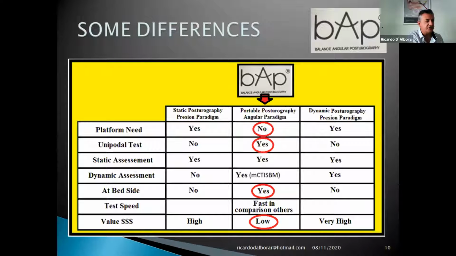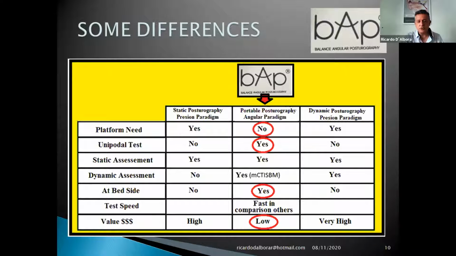Here are the main differences between BAP and other posturography devices based on pressure paradigms. Here you can see the difference. In the middle, you have the BAP, our BAP node platform. You can do unipodal test, static assessment, dynamic assessment, the classic dynamic pressure paradigm, and our BAP.